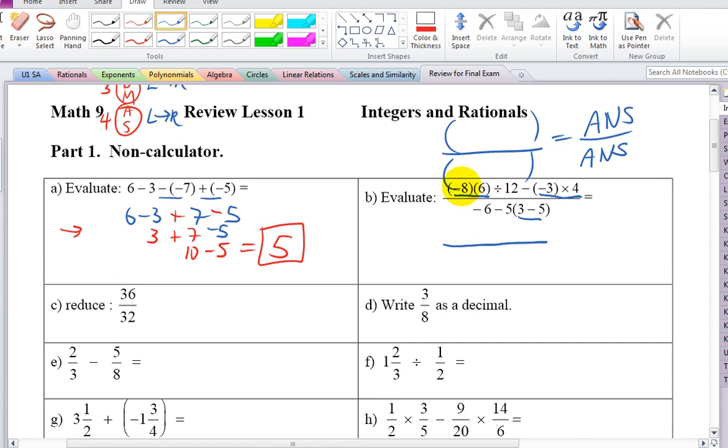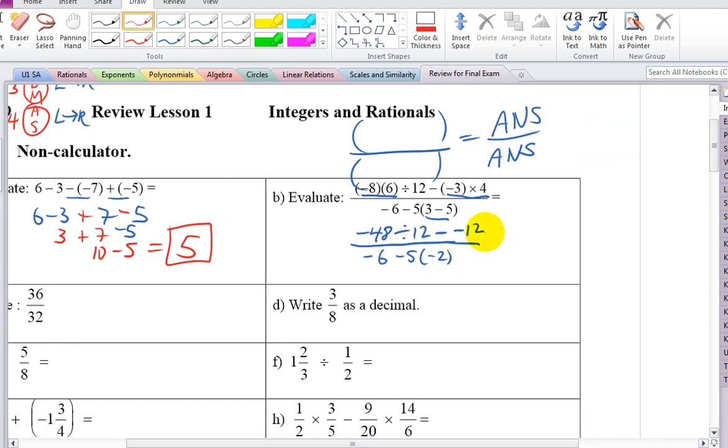So -8 times 6 is -48. Divide by 12 minus -12. On the bottom, we have -6 minus 5 times -2. Then our next line of work: -4 plus 12 all over -6 minus 5 plus 10.